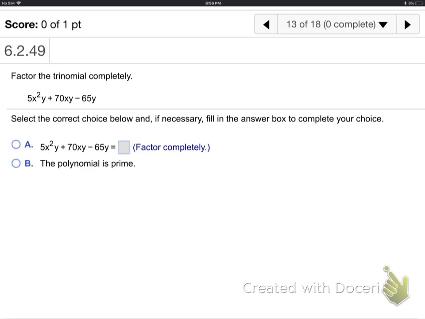We good? So take out a 5 and a y, one big parenthesis, that leaves what?